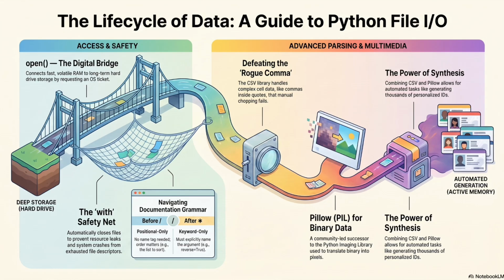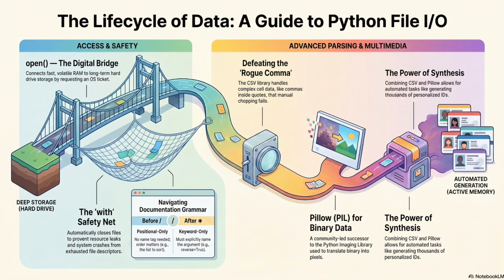Wait, really? Oh, yeah. A lot of people mistakenly think leaving a file open just eats up RAM or causes a memory leak. But it's actually much more catastrophic than that. It creates a resource leak. Specifically, it exhausts what we call file descriptors. Your operating system only has a limited number of tickets it can hand out to programs to access files simultaneously.